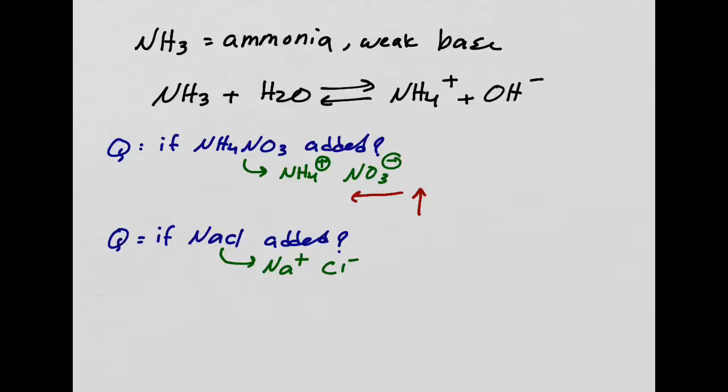These are not part of the equation up here. These are not part of the common ion. If they're not part of the common ion, nothing is going to happen. Nothing is going to happen. So that is our common ion effect. You have to have one of the common ions that is part of the equation, and then you do the Le Chatelier principle. If you add it, you have to shift to the other side. All right, so far so good.